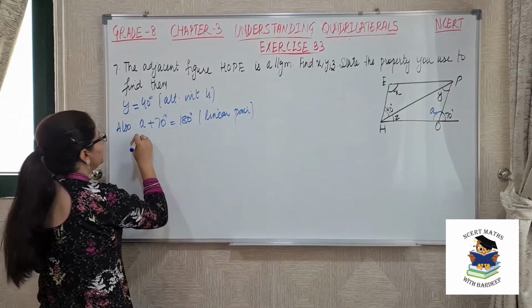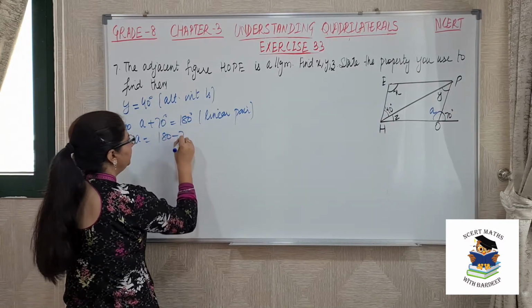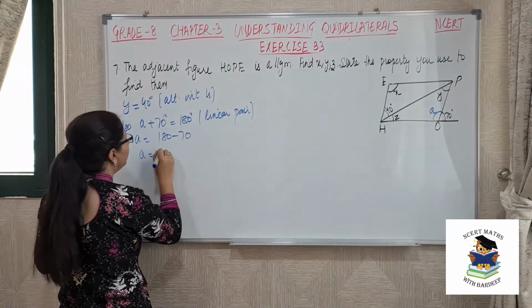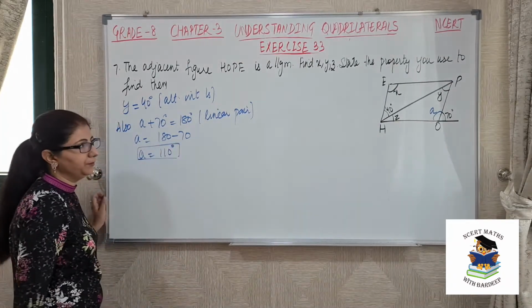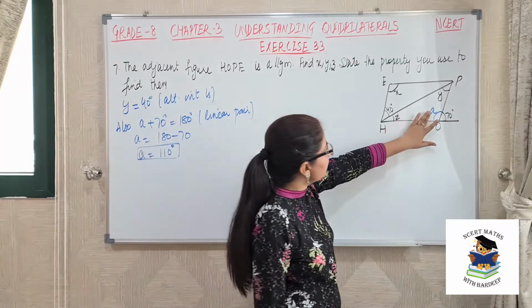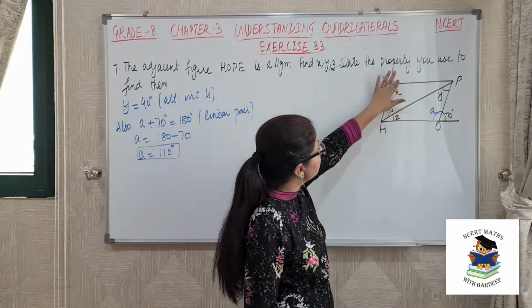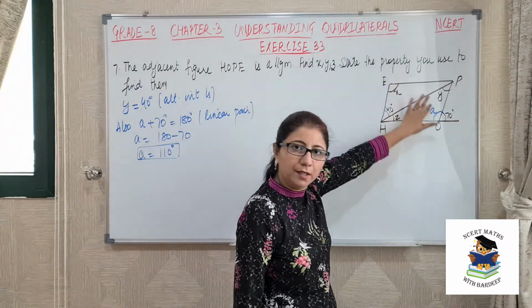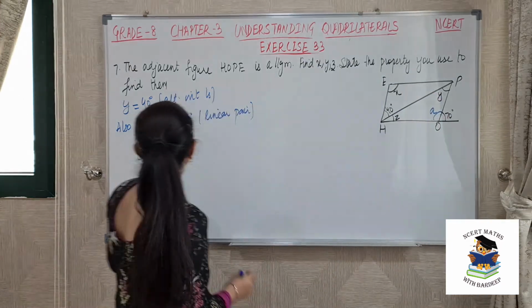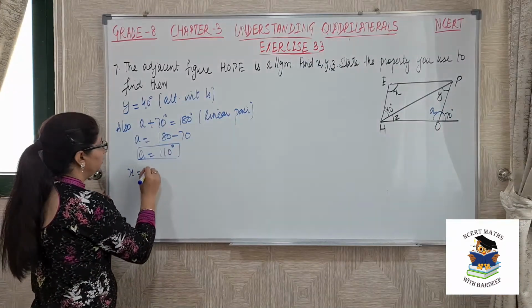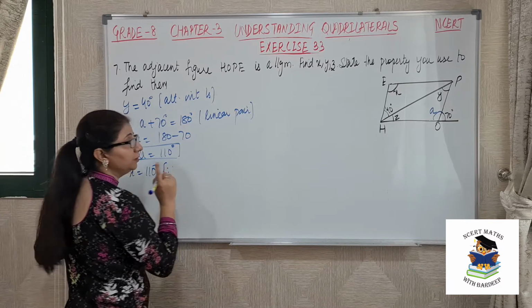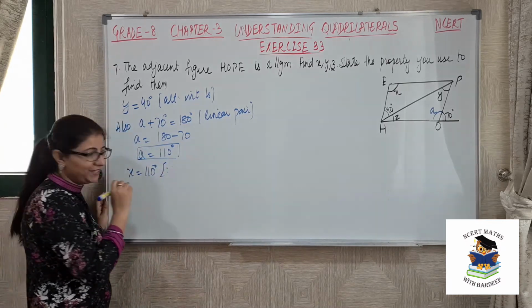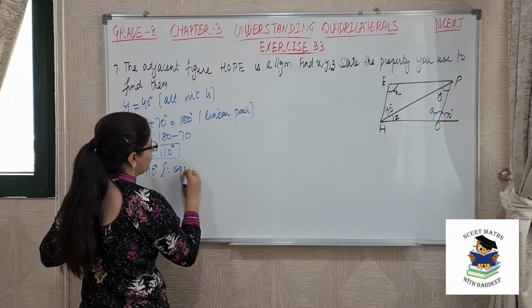So what is A? This is 180 minus 70, so A is equal to 110 degrees. Now A is 110, so definitely x is also 110. The reason is opposite angles of a parallelogram.